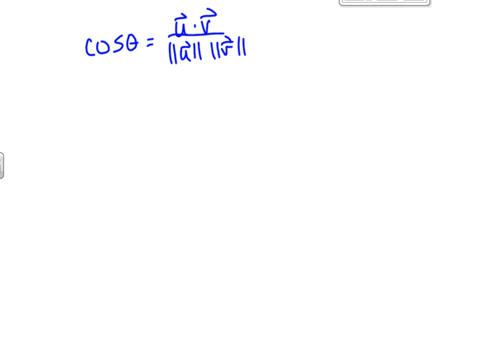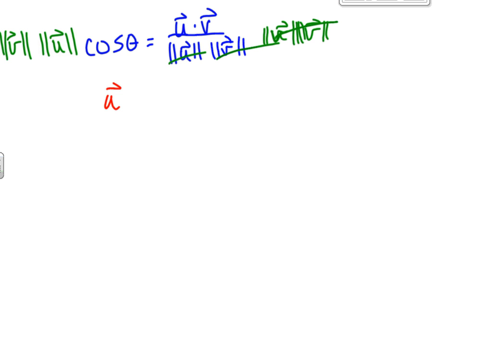So when you look at this, if we wanted to multiply both sides by the norm of u and the norm of v, which is kind of a lot of writing, and I'm going to reflect that across the equal sign, I get that u dot v is equal to the magnitude of u times the magnitude of v, cosine theta.